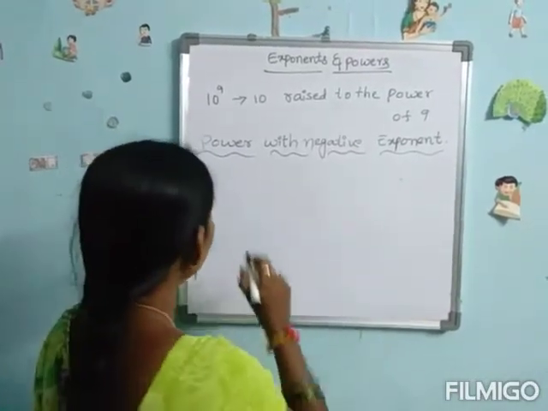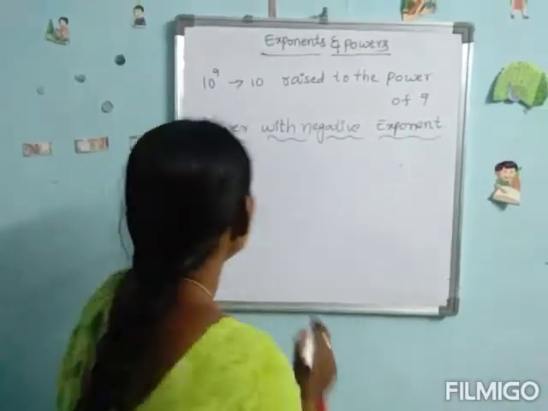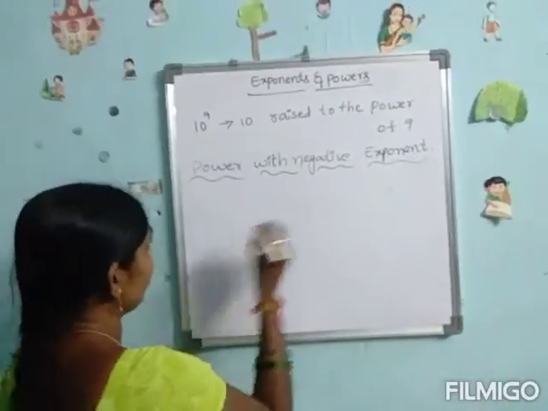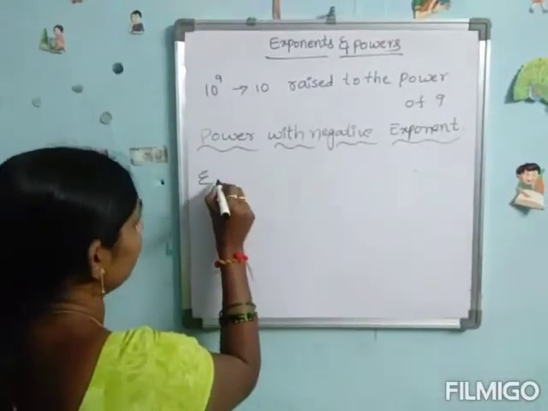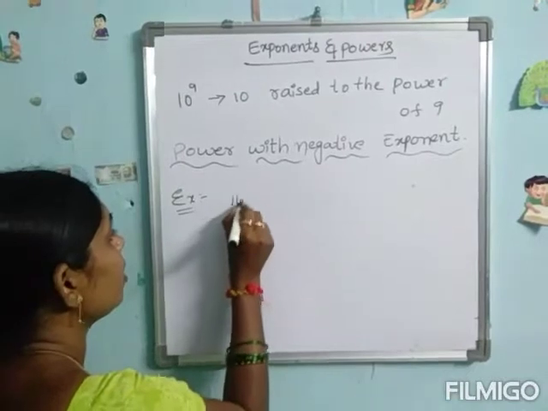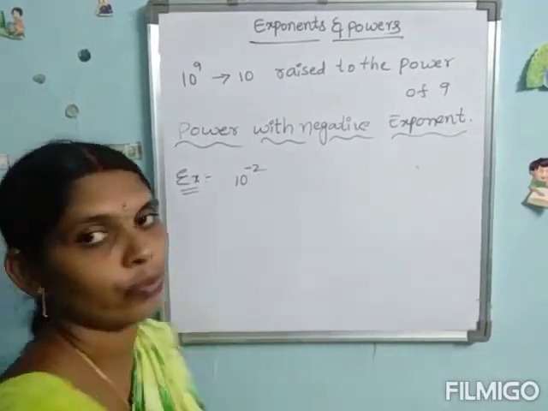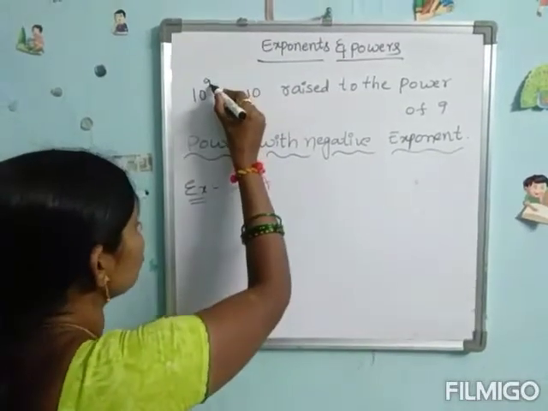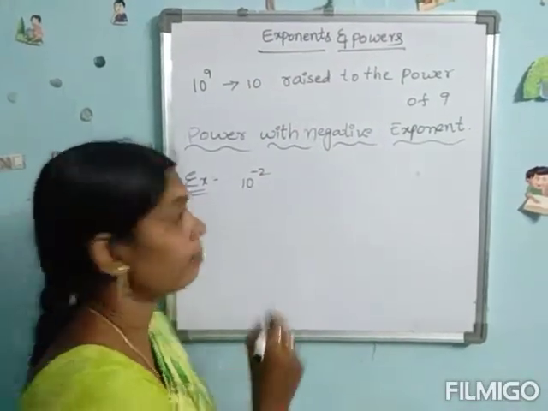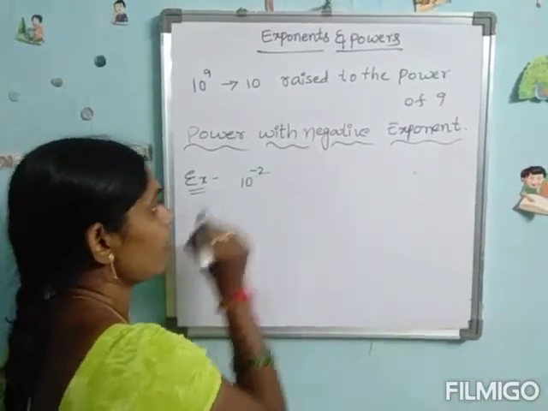So the next topic is power with a negative exponent, for example, 10 to the power of minus 2. Here it is a positive power, but here we have a negative power, that is, a negative exponent.